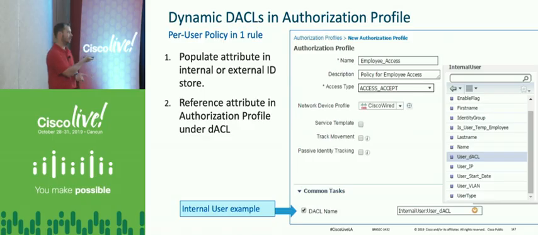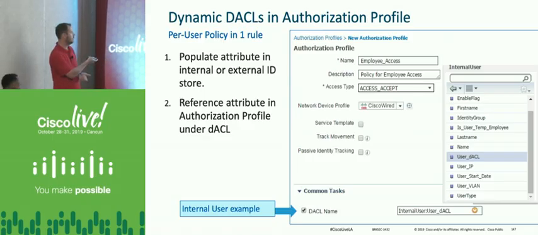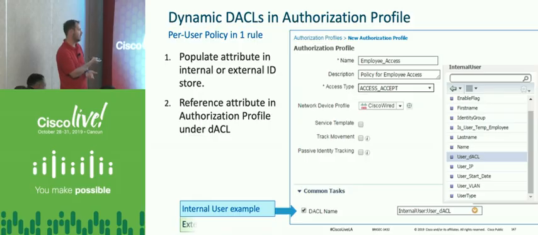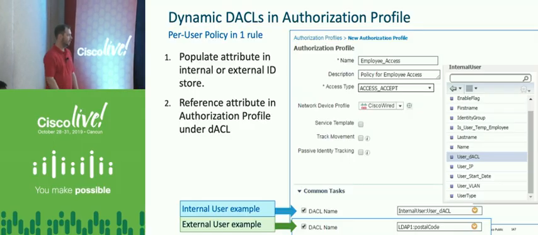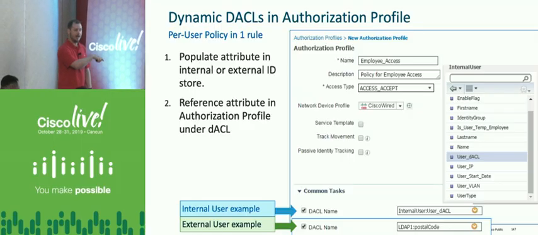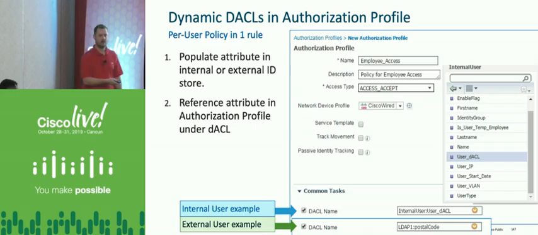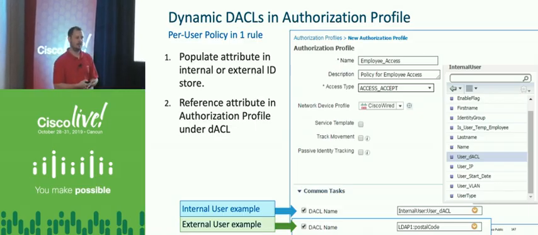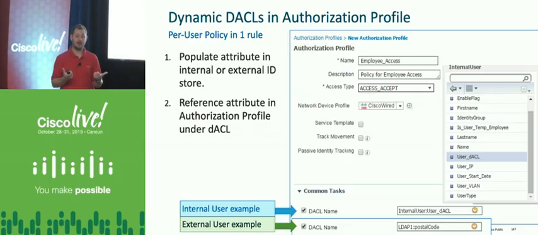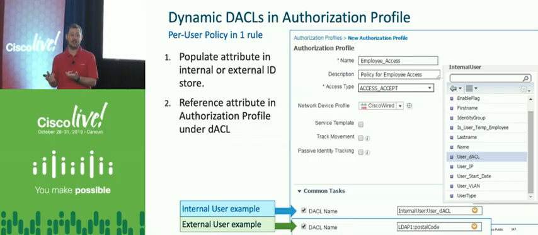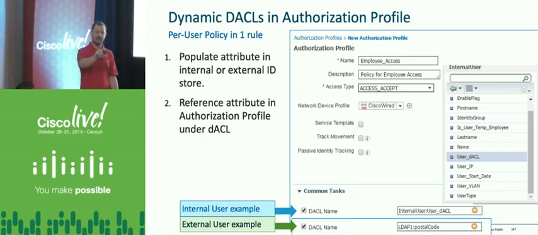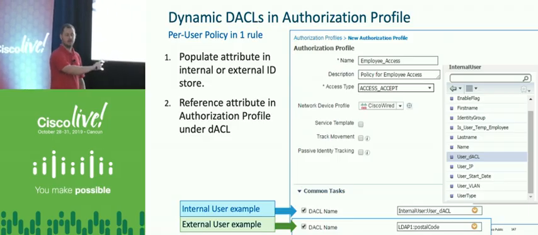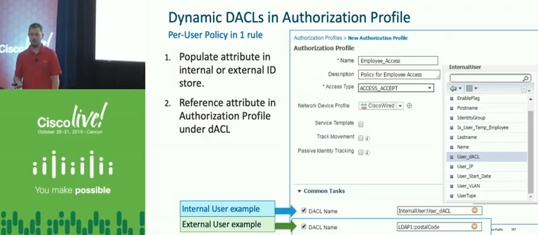In this example, I'm using the internal directory, or an internal user, and mapping the user DACL from that profile. You can also pull from AD and LDAP as well. For example, if you wanted to name your DACLs the same thing as your Active Directory security groups, we can then have one authorization rule and assign different DACLs for those different security groups.